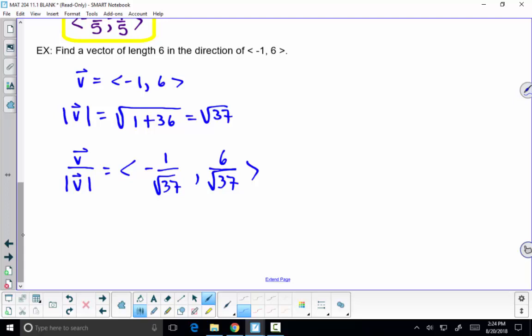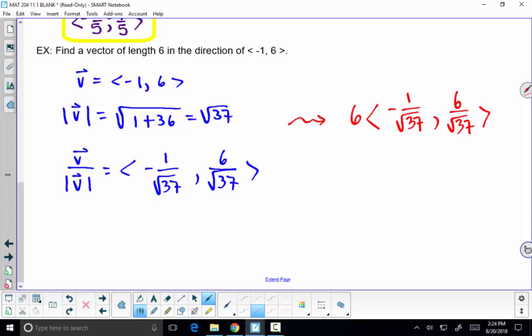And now the cool feature, the leap, well, it's not a big leap, I guess, is that we now multiply by 6. If you take a unit vector and you multiply it by a scalar, you end up with a vector that has length equal to that scalar's absolute value. So if you have a unit vector and you multiply it by 6, you get a vector of length 6.